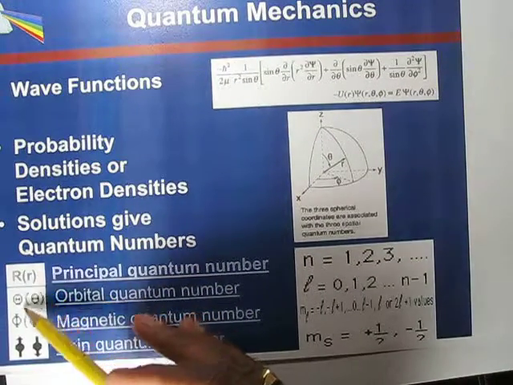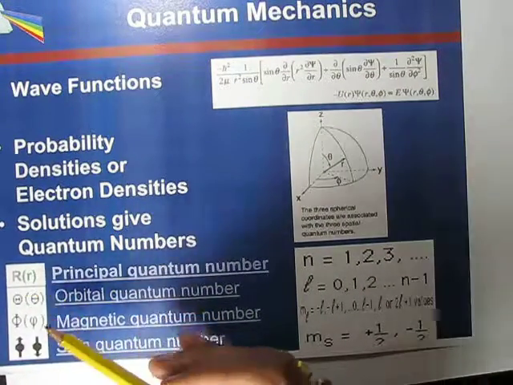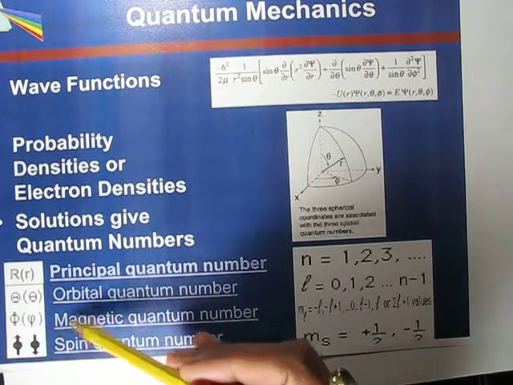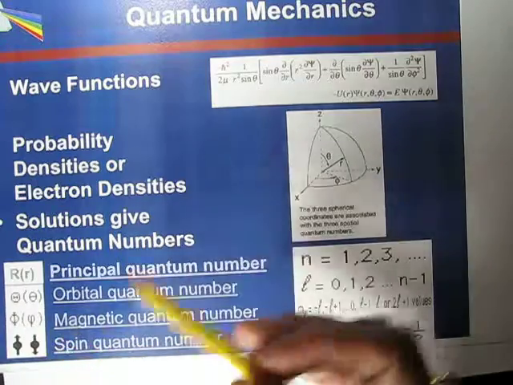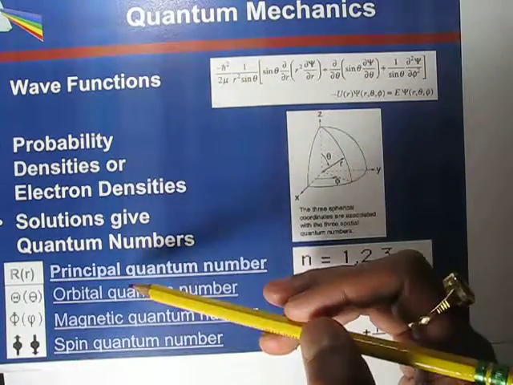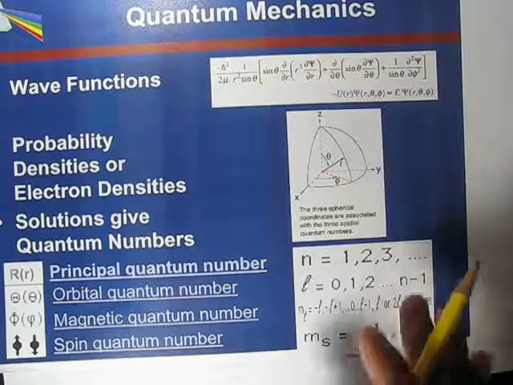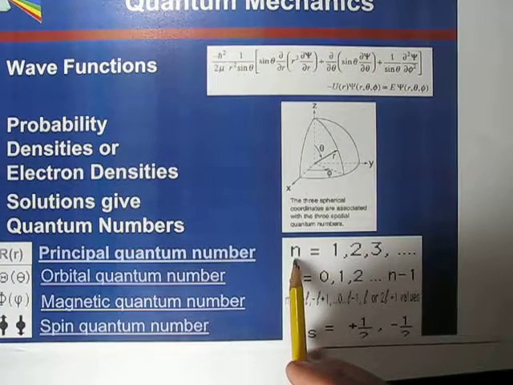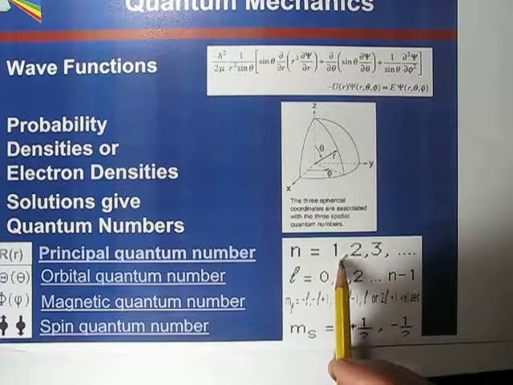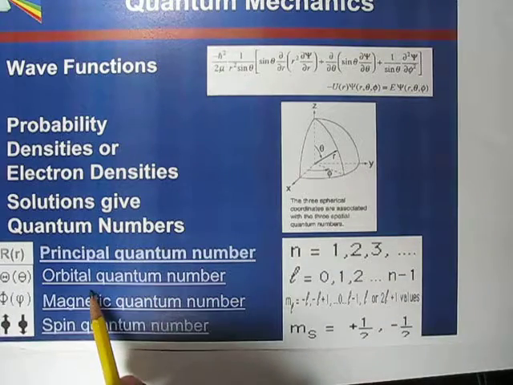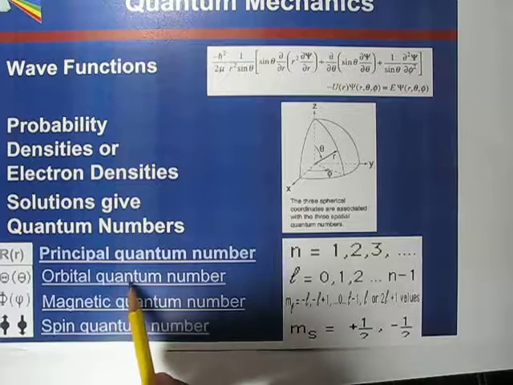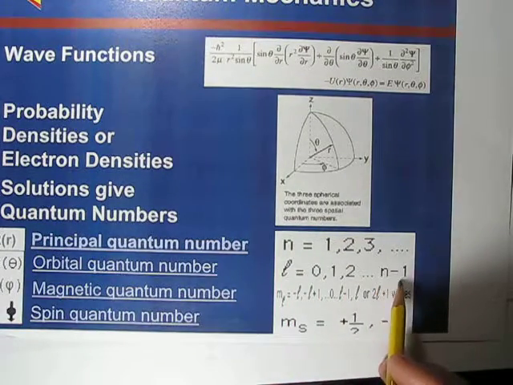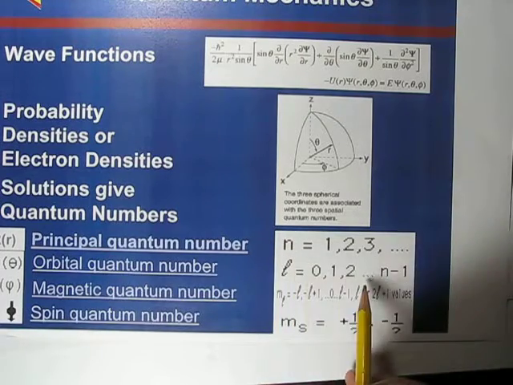And these are the functions, capital R, small r, and then theta, and all the other mathematical signs represent these quantum numbers. In a simple way, we can understand that the principal quantum number is assigned as small n, which starts from 1 onwards, and the angular or orbital quantum number is small l, which ranges up to n minus 1, meaning principal quantum number minus 1.